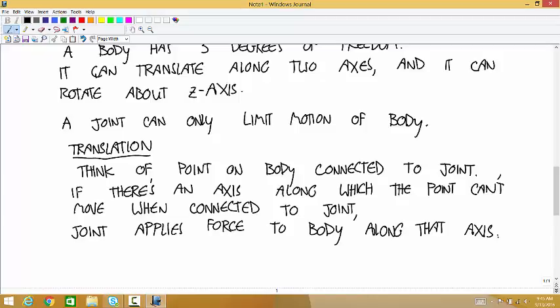Okay, and it doesn't have to be a coordinate axis. It could be angled like this, and then that force is applied perpendicular to the slot, so this way, off at an angle. Okay.